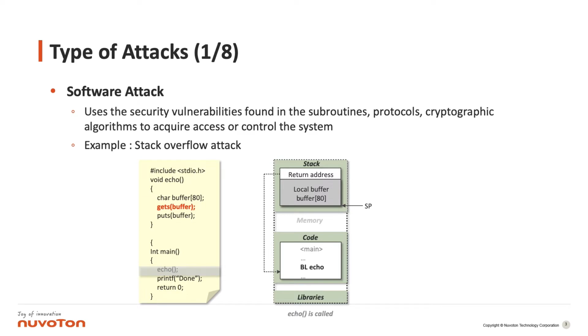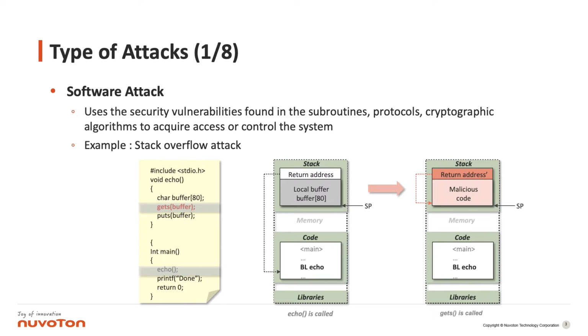This return address points to the next instruction of the branch and link in the core region. Before the echo subroutine ends, the return address will be fetched from the stack to return to the main routine. If the function gets does not check the length of the input string, it will become an exploitable attack vector.